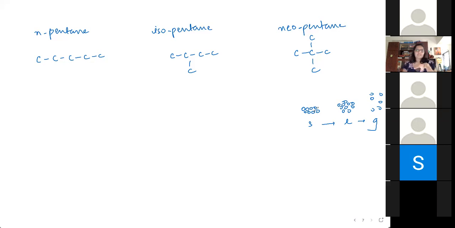Now, if you look at the reverse process, being a solid, all of them should be packed closely together. Will you be able to pack all of them in the same way, or is there going to be a difference in their arrangement when they're a solid?